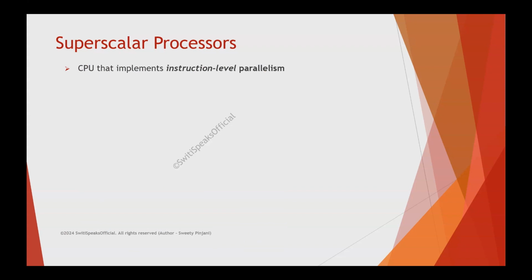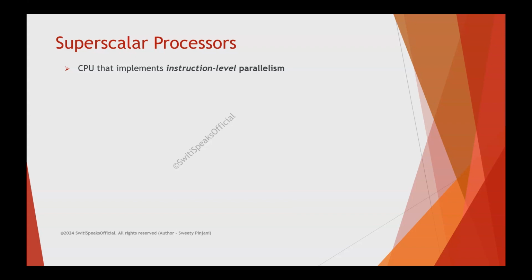The first point is that a superscalar processor can be considered a processor, or I'll call it a CPU, which implements instruction level parallelism. Now, if you remember, in pipelining we execute multiple instructions together, with different stages in the pipeline and every instruction in a different stage.